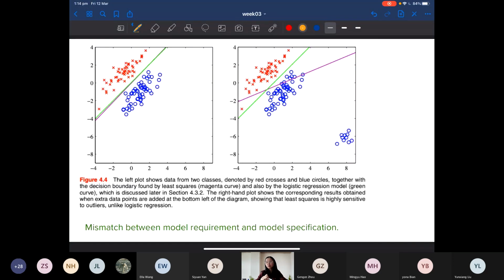The underlying true separating plane should be green. If we use least squares, we find this plane because these points that are far away from the plane are being penalized where they shouldn't be. So there is a mismatch between the problem requirement or task and the model specification.